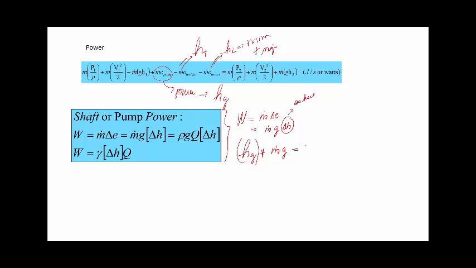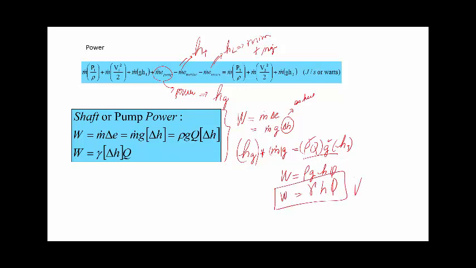And m dot is the density times Q. So another way of seeing this is W equals rho g H Q.